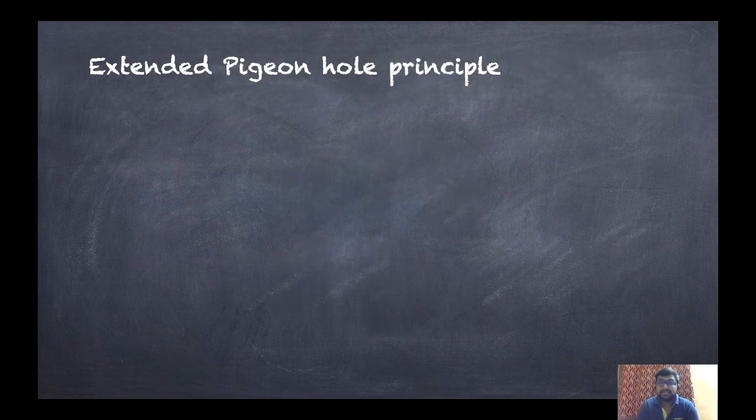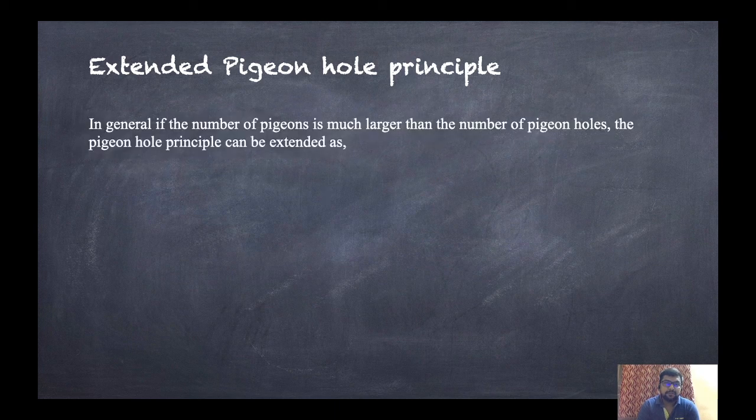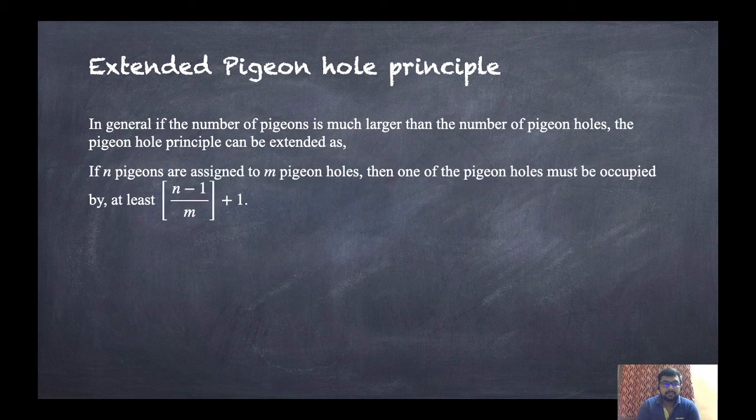Now, what is the extended pigeonhole principle? In general, if the number of pigeons is much larger than the number of pigeonholes, then the pigeonhole principle can be extended like this.